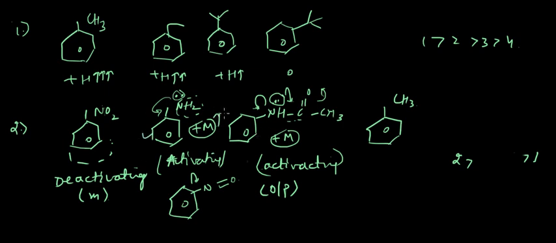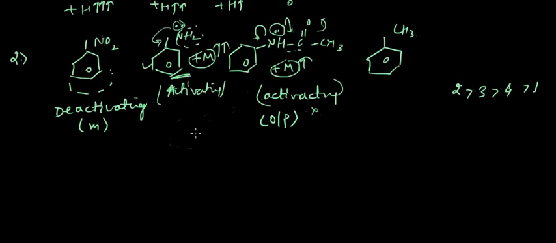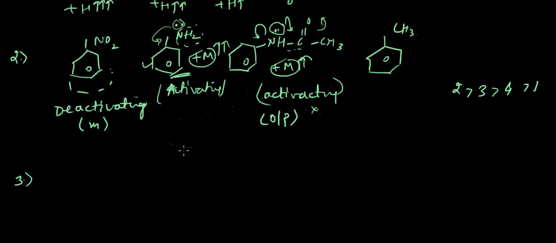Hence the plus M on aniline would be greater than plus M on this compound. Okay, hence 2 would be more than 3. This is not deactivating. My bad for seeing this as a deactivating group. And then we have the fourth one, then the first one. Okay, now let's see this example.